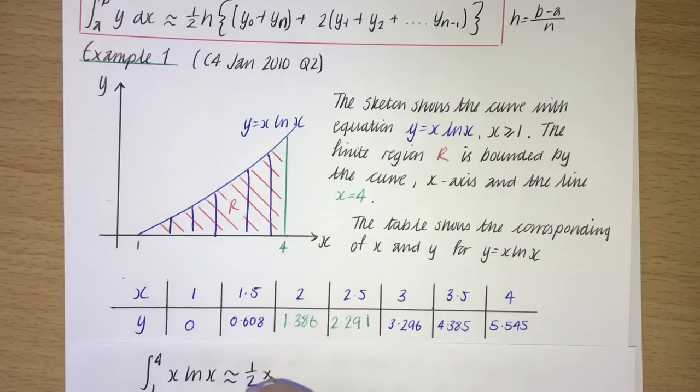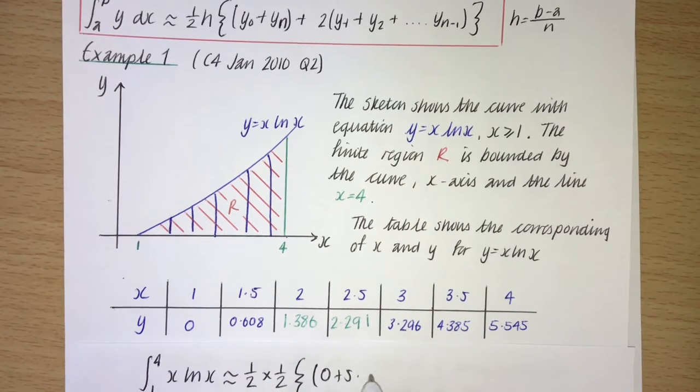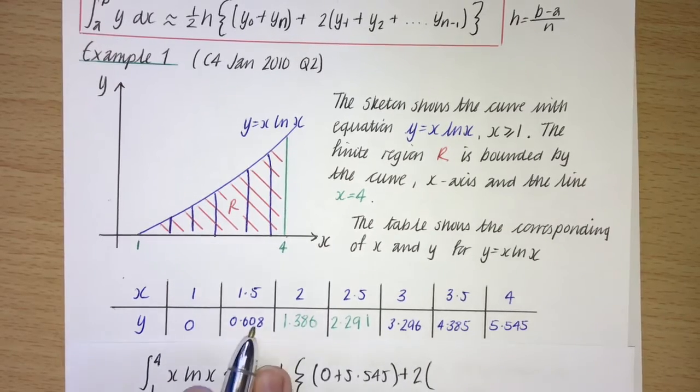So a half times a half. And then we want our y values. So the first y value is 0. The last y value is 5.545. So the first one plus the last one plus 2 lots of the ones in between.